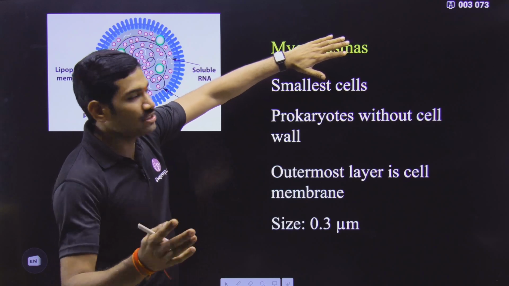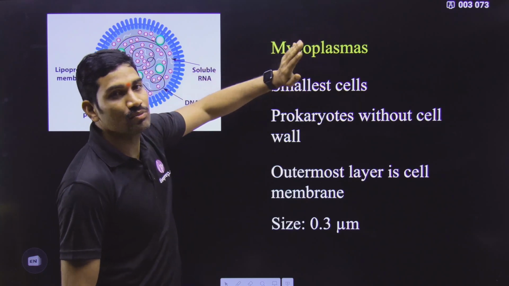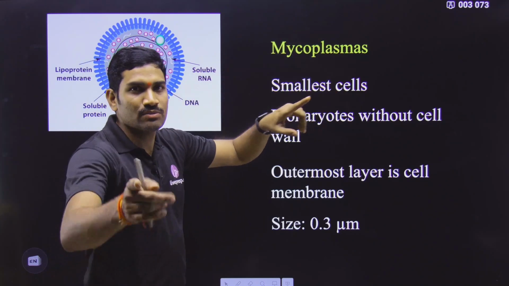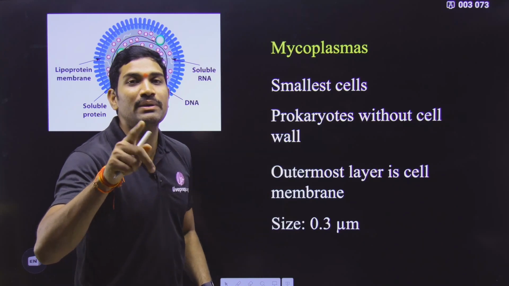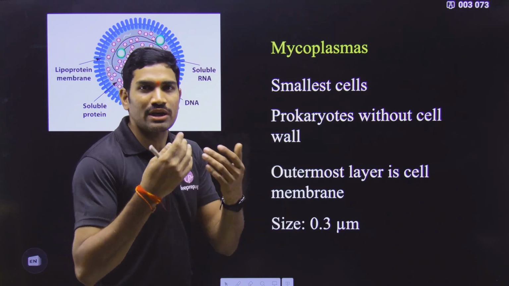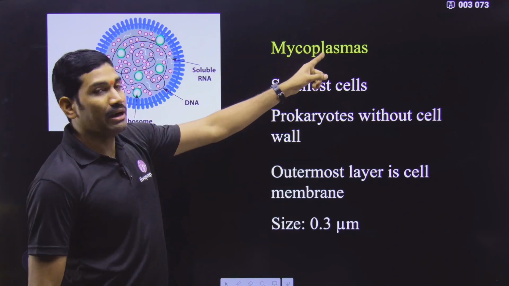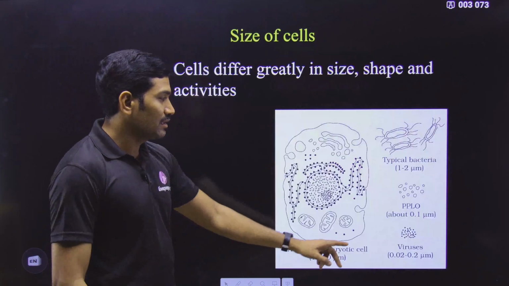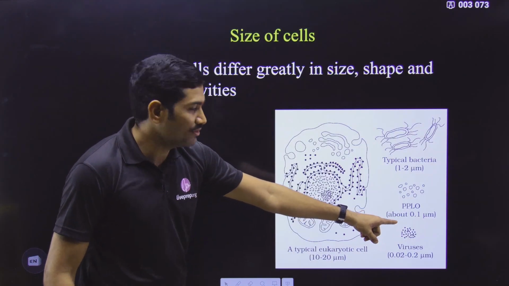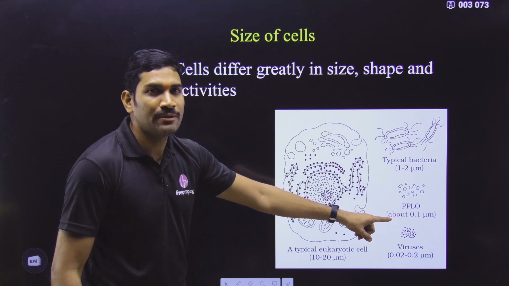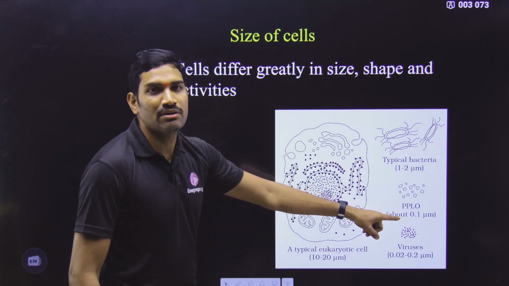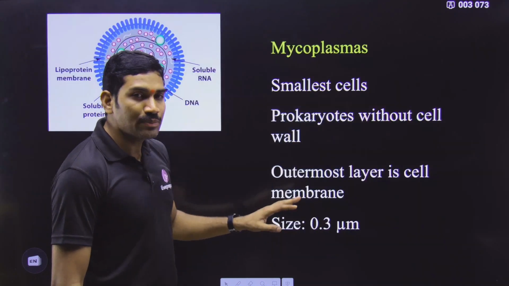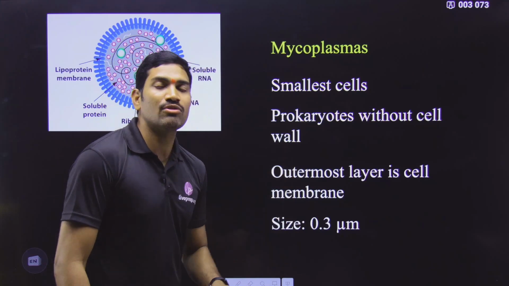Mycoplasma. We are talking about the size of the cell, right? Mycoplasmas are the smallest cells. Within the mycoplasma, there is a subgroup that is called PPLO. So PPLO are also a type of mycoplasma. Mycoplasma average size is 0.3 micrometer. But in this diagram, for PPLO they have given 0.1. Now which one is smaller? Specifically, PPLO are smaller. But if in the options you are not finding PPLO, then what will you do?